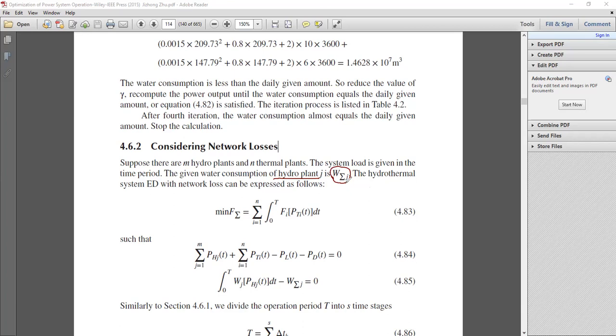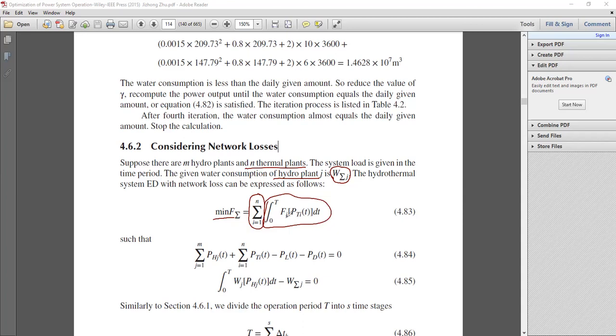For the hydrothermal system economic dispatch with network loss, we can express it as follows. Remember, n number of thermal plants. So in the objective function, you only bring the thermal units. Remember, there is no hydro unit fuel cost. So you see i equals 1 up to n, and the remaining part is as before.